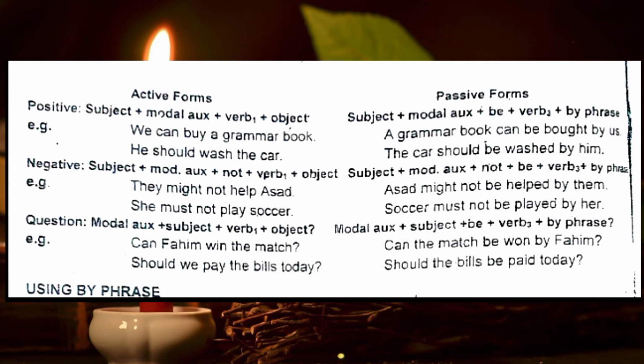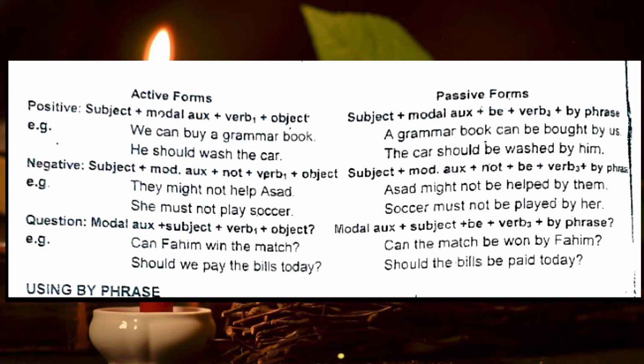A grammar book can be bought by us. Right? The car should be washed by him. And here the subject becomes the object and the object becomes the subject, the verb changes to the third form, and after modal auxiliary verbs we use be.